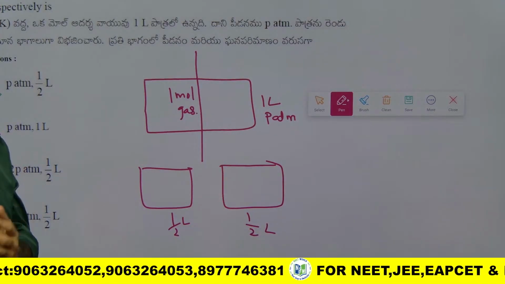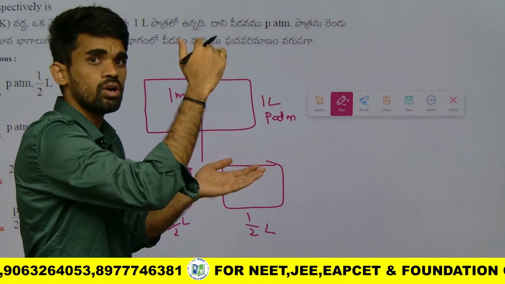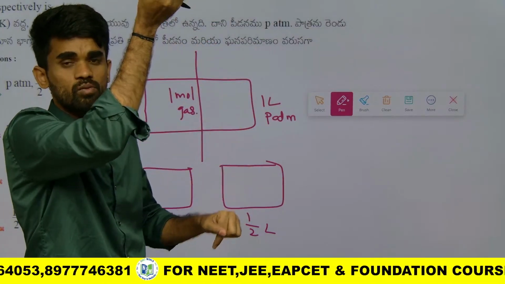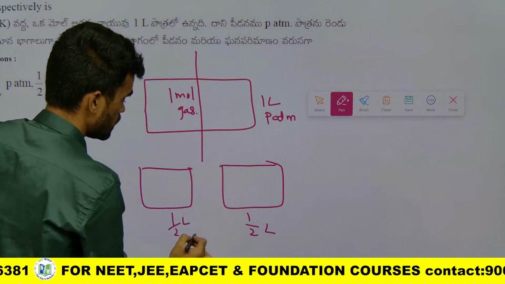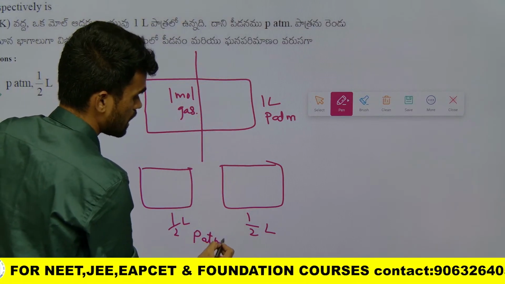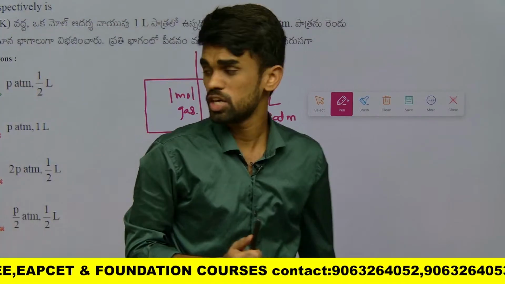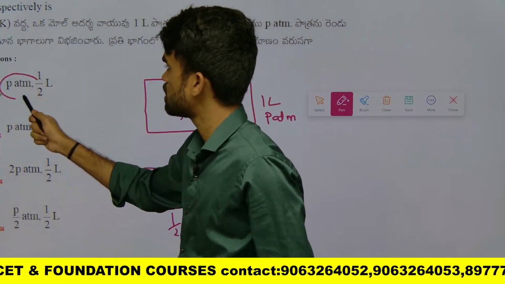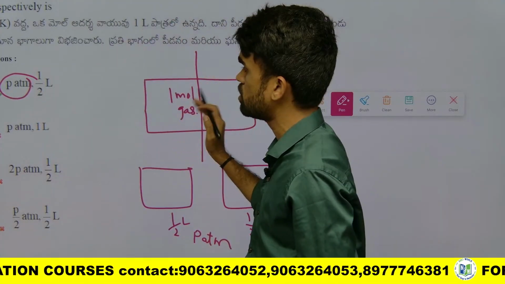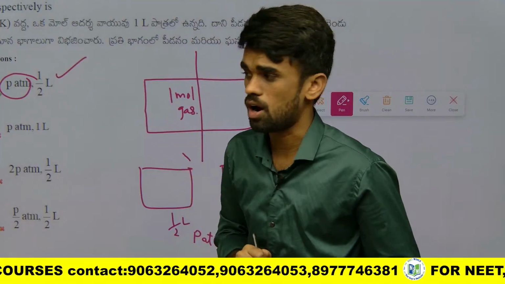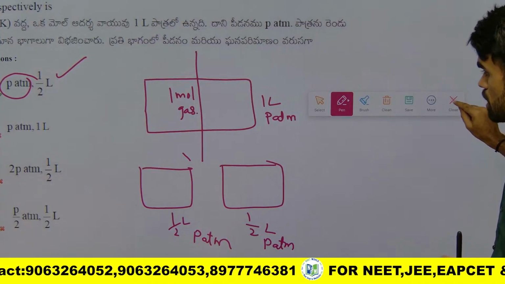Pressure will remain the same, because only if they compress the volume would the pressure increase, but they just separated them. So here also it will be P atm, and here also P atm. The pressure remains the same even after separation, but the volume changes to half. This is what you need to understand here. Okay, next let us move further.